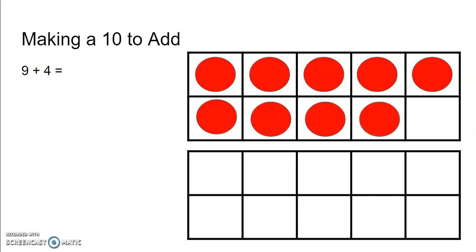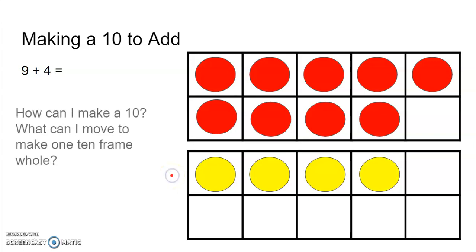And we'll put 4 circles in the bottom 10 frame. And now that I have my two numbers, I need to ask myself, how can I make a 10? Or what can I move to make one 10 frame whole, a whole 10?